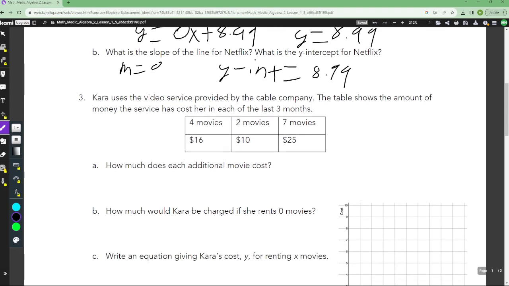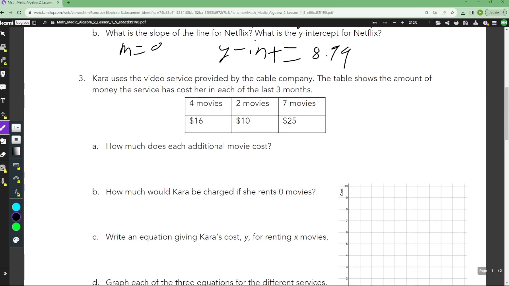Kara uses the video service provided by the cable company. So this is a new provider. The table shows the amount of money the service has cost during each of the last 3 months. So how much does each additional movie cost? This means we need to find the slope. So if we look at these first two here, this is really just a table. So we can go ahead and write this out.